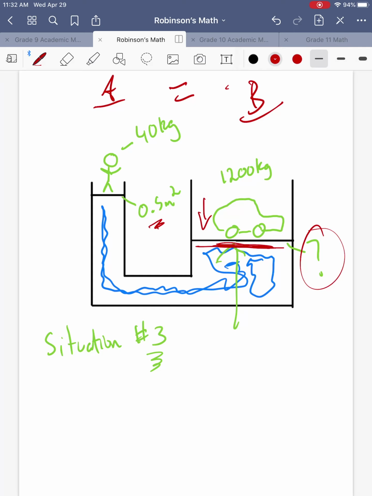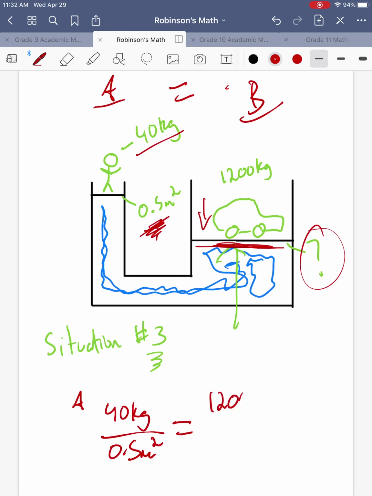So on side A, we have 40 kilograms per 0.5 meters squared, and we say that that equals 1,200 kilograms over question mark.